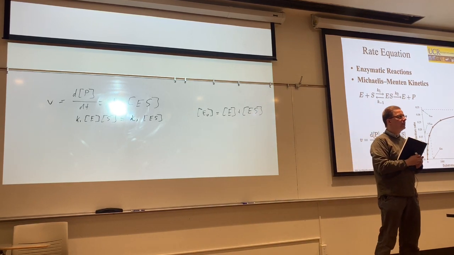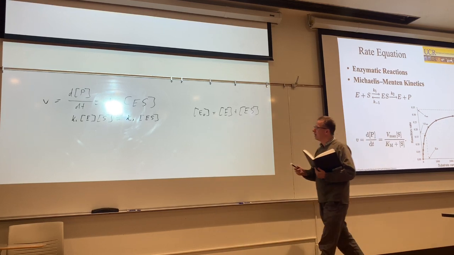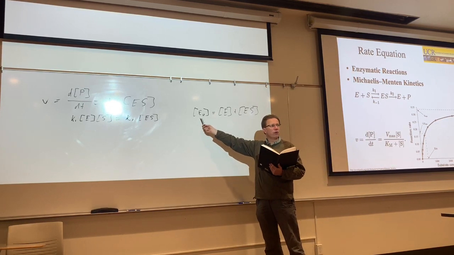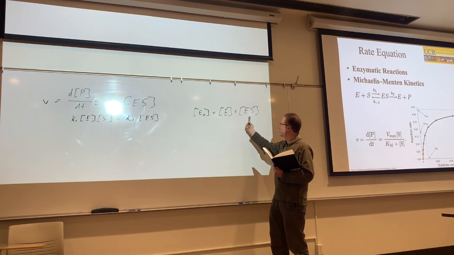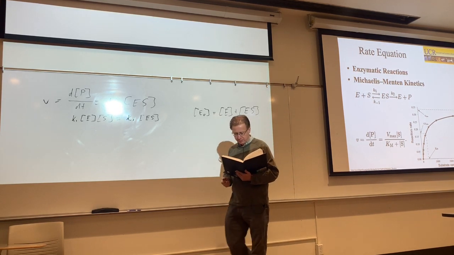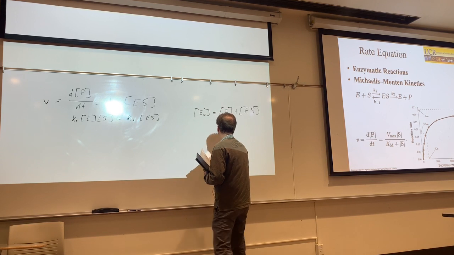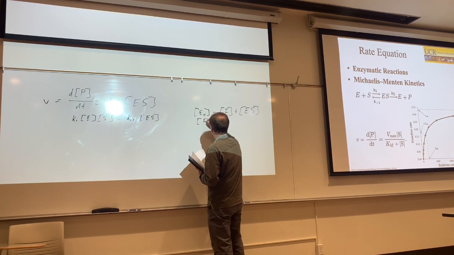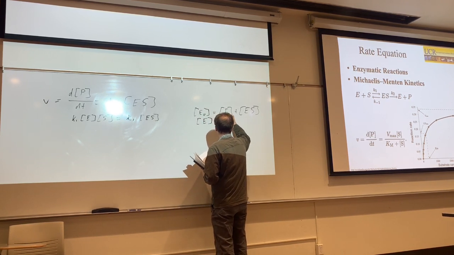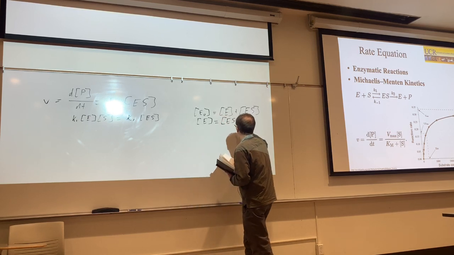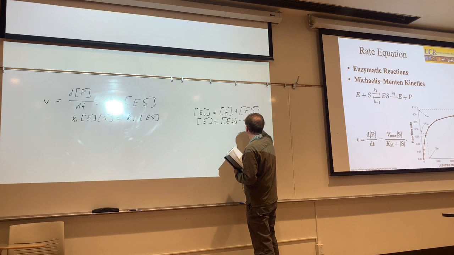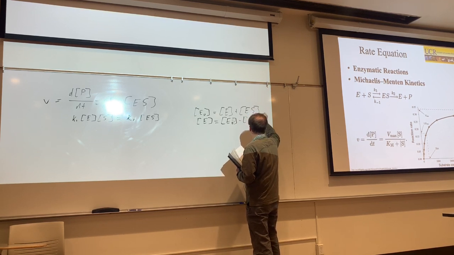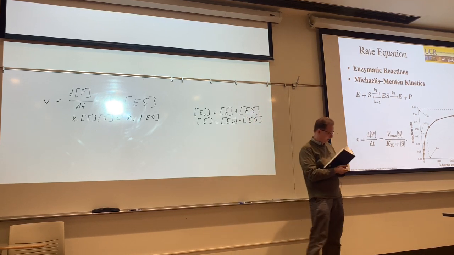Whatever total, initial, whatever you want to call it, concentration of enzyme you have is either in the form of free enzyme or is in the form of enzyme substrate complexes, which gives us a formula here that the concentration of the enzyme is the concentration of the enzyme initially minus the concentration of the enzyme bound in the enzyme substrate complex.